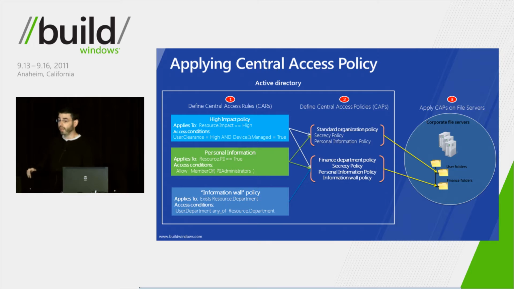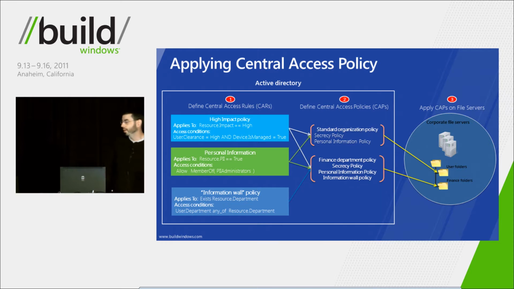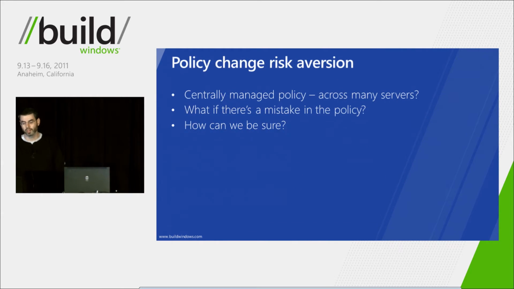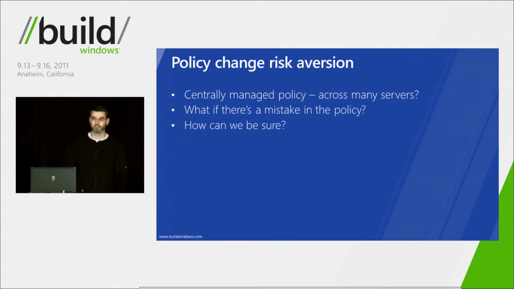From here on out, if we were to change one of these rules on the left, it's going to quickly shoot through the system and start affecting people's access broadly across many file servers. So you can see that there might be questions at this point. Wait a minute, what if we make a mistake? What if my policies are too tight and people can't access the files, or they're too weak?